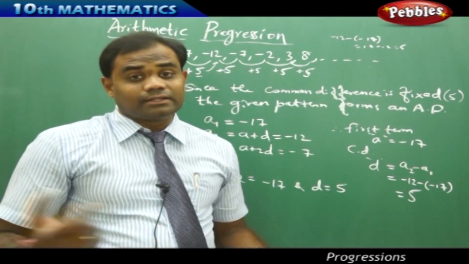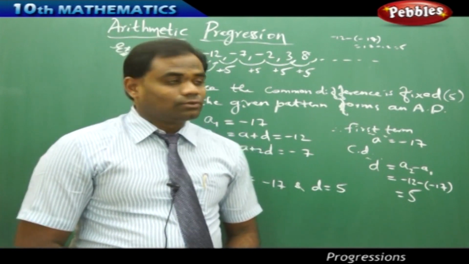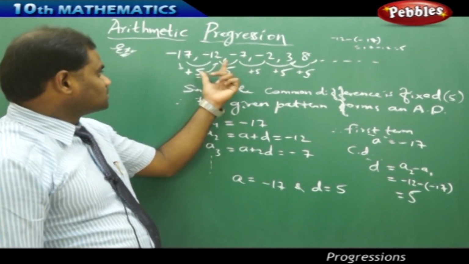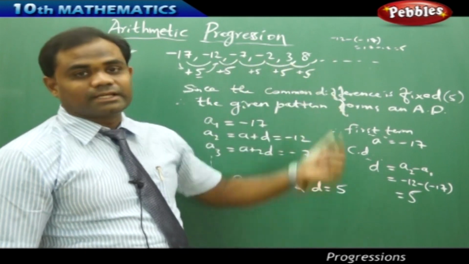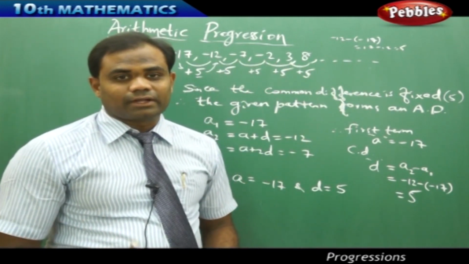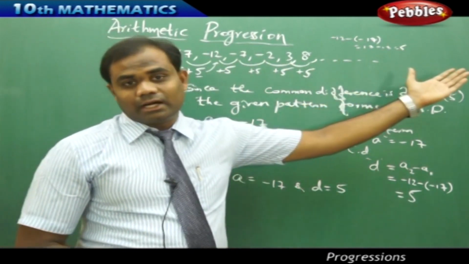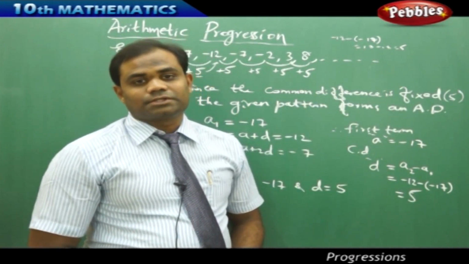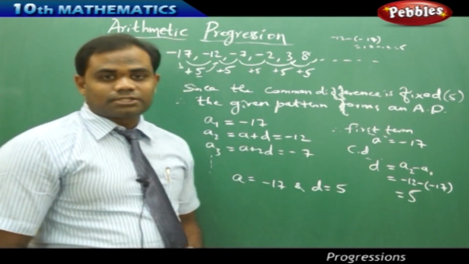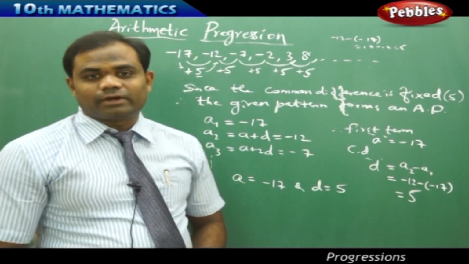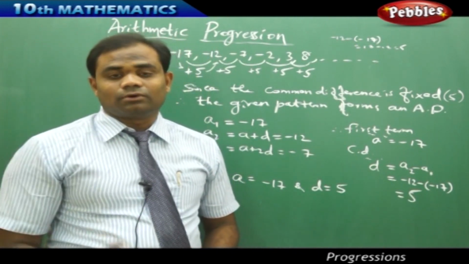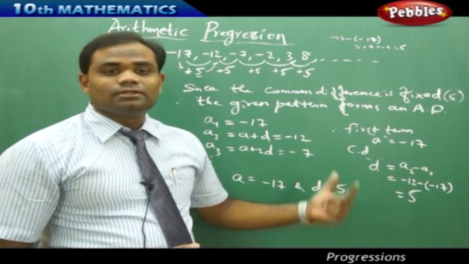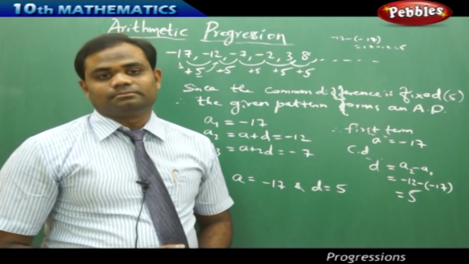Then how do I find the nth term? I know the first term, the second term, the third, fourth, fifth and sixth, but if I wanted to find the 100th term, how do I find it? That is the biggest question. In such problems where I want to find the 100th term or the nth term, I use the formula for the nth term.